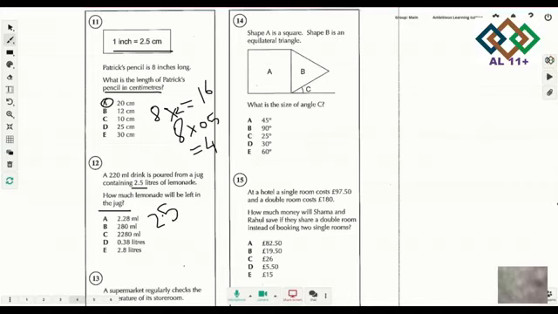You just need to multiply 2.5 by 1000 and you get 2500. Then you need to subtract 220 and you will get your answer of 2280.